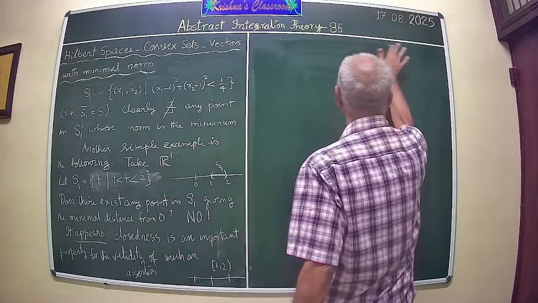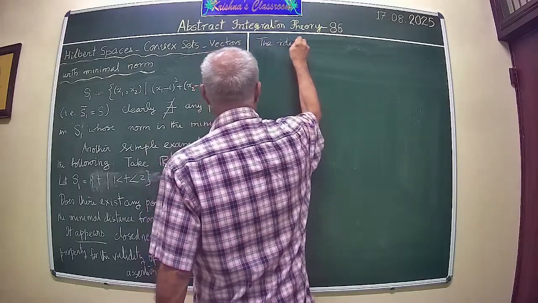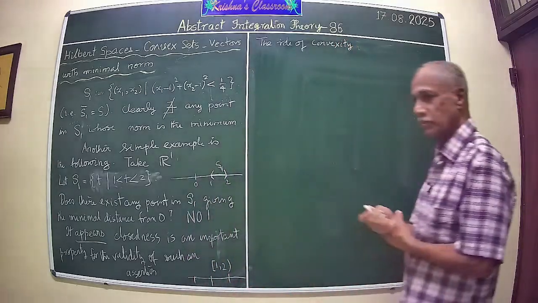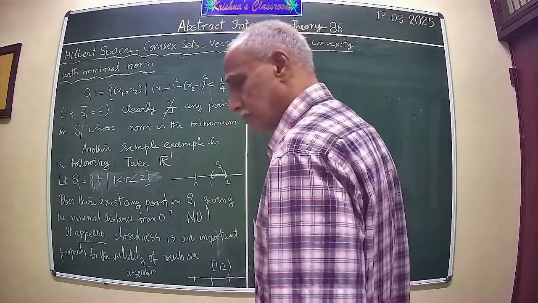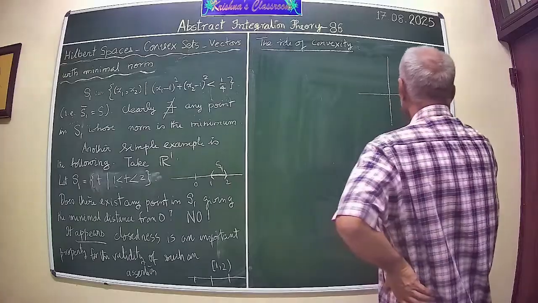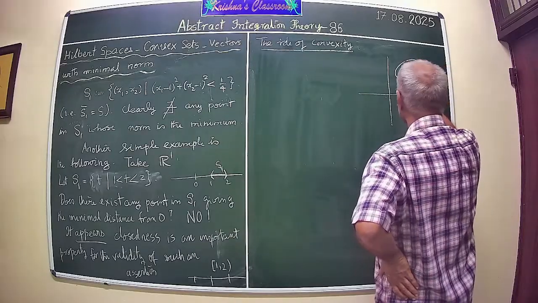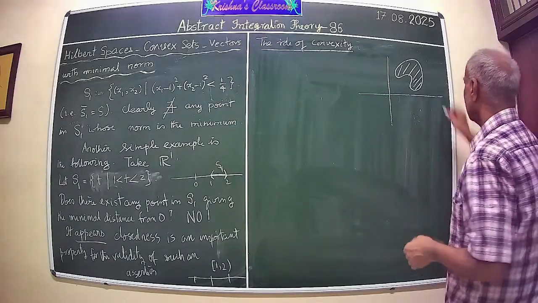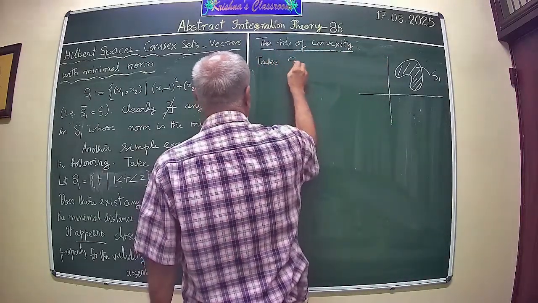Now let us look at the role of convexity. Let us take an example. Here I draw a picture. I choose a set like this; it may be closed also. Take S1 as shown in the figure.